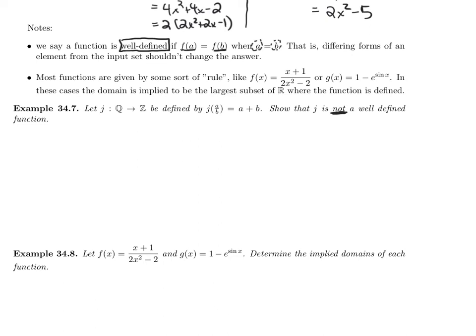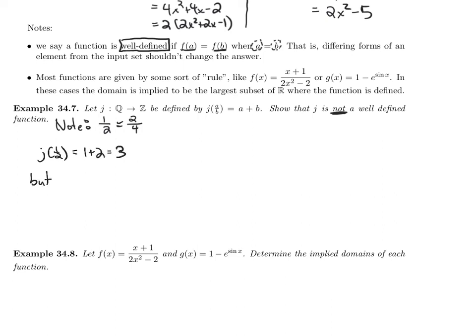So here's our note, and here's a really simple one. Well, obviously, a half is the same number as 2 quarters, just expressed differently. Okay, so note that j of a half is 1 plus 2, which is 3.